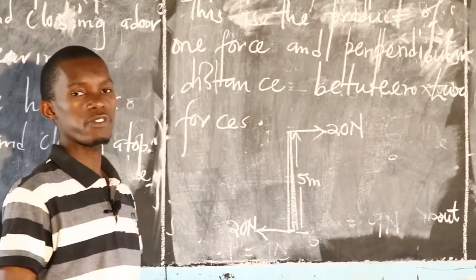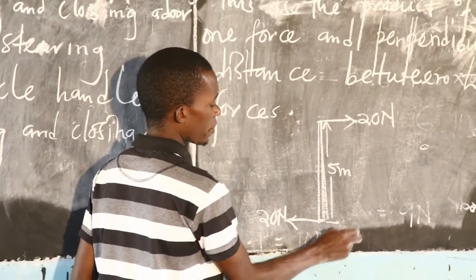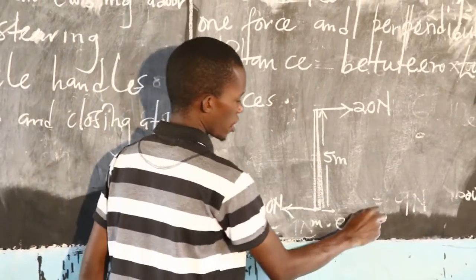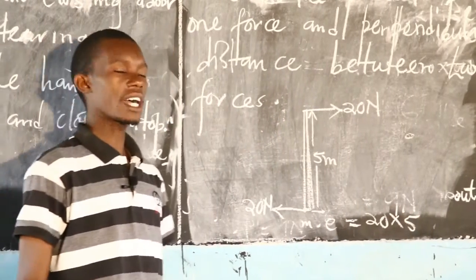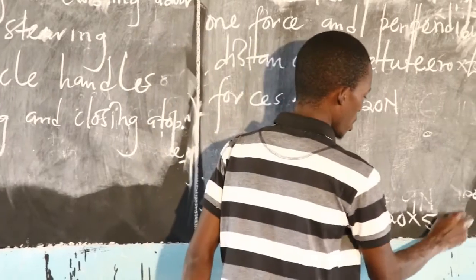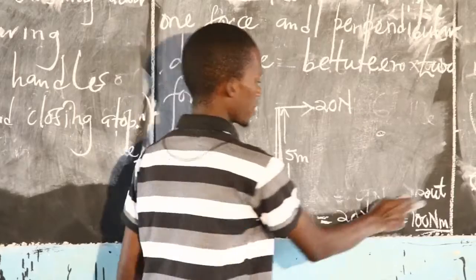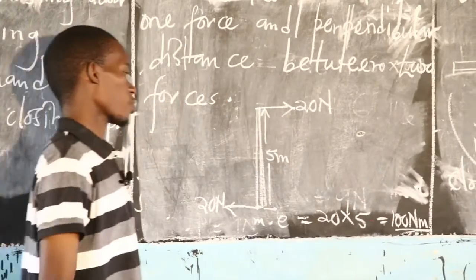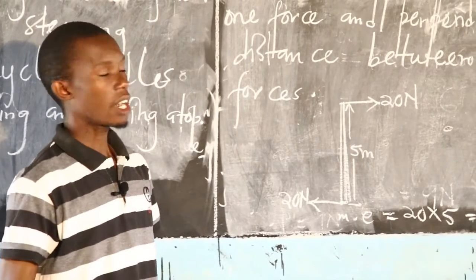We take only one force. The moment of a couple is equal to one force times the distance. And you get the answer in newton meters. That is the way we can answer that.